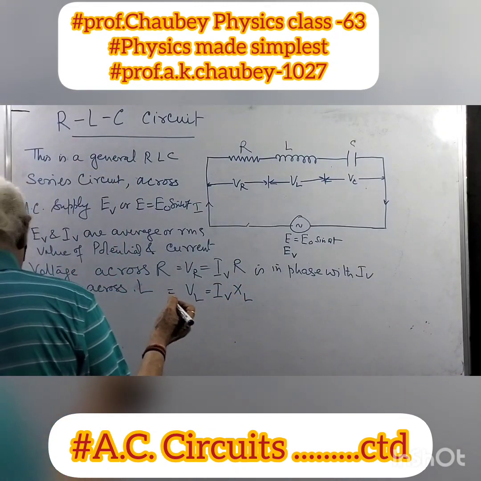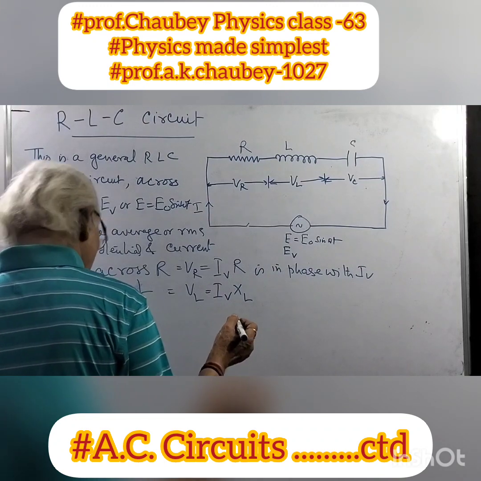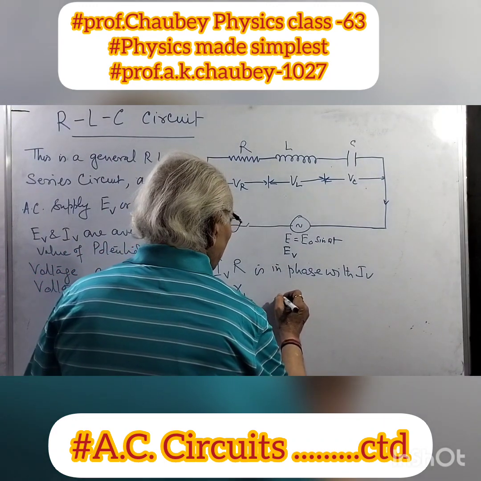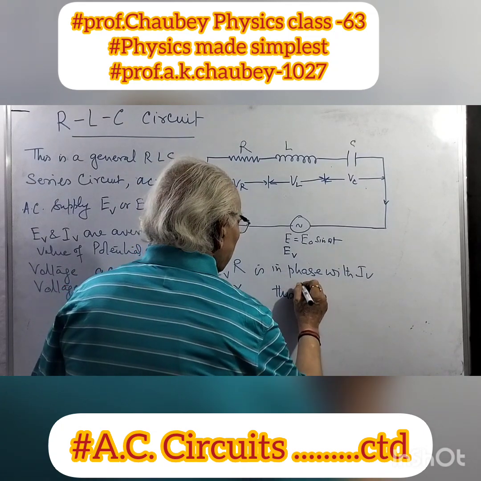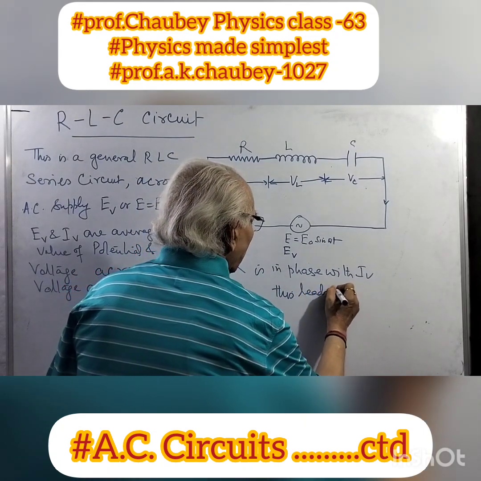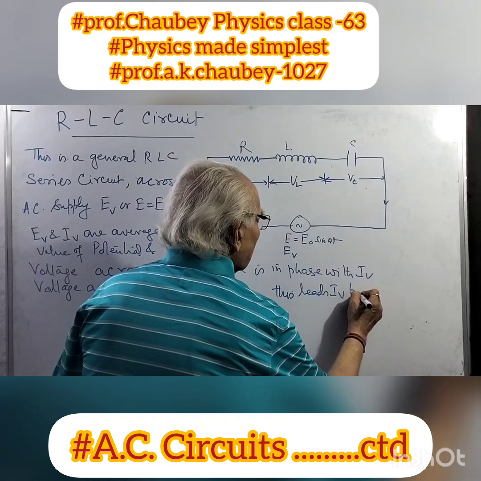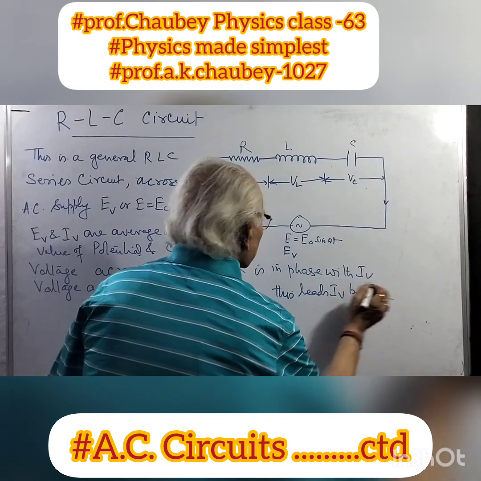We know XL is omega L. VL leads IV by pi by 2.